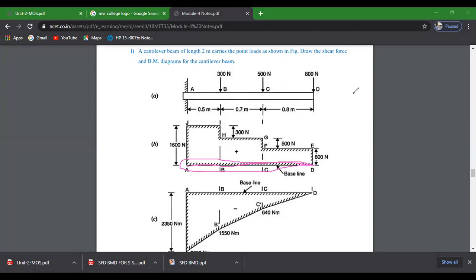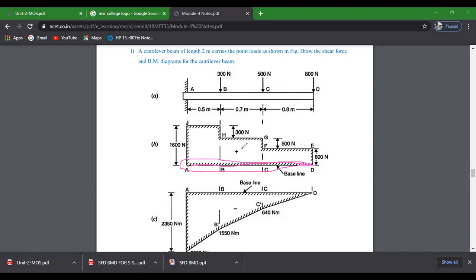We have loads at point D as well as at point C. In between these two points, we don't have any loads, which means the shear force induced at point D is constant up to point C. The 800 newtons of shear force will be constant up to point C. How do we represent the constant? By drawing a horizontal line here.